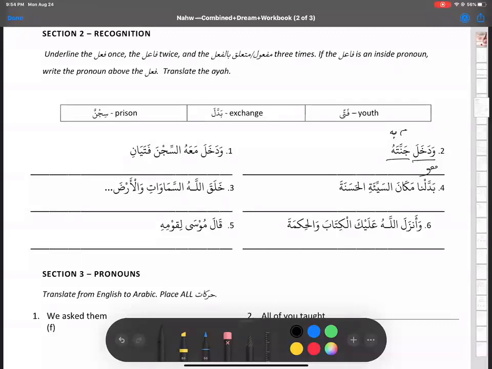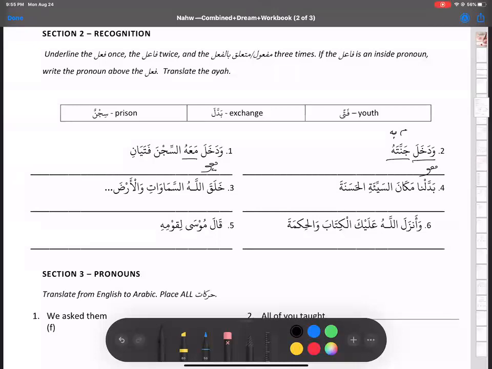Okay, now Vadakhala ma'ahu sijna fatayani. What is that? Jumla ismiya. Jumla failure. Okay, so this is our huwa. Ma'ahu again is MBF? No, it can't be MBF.